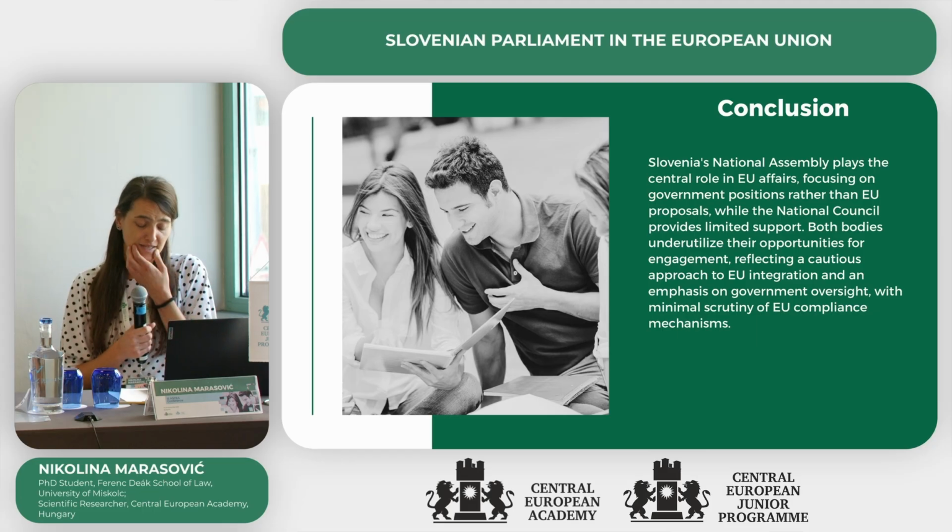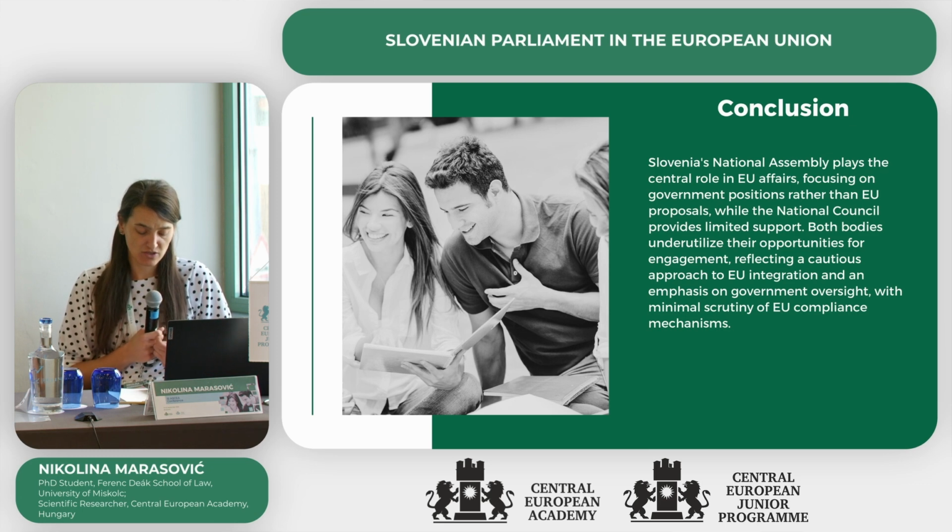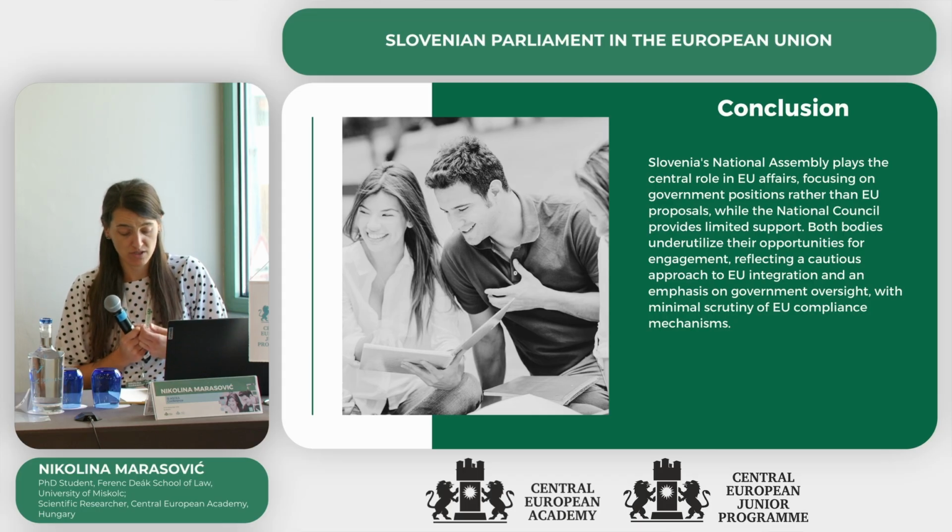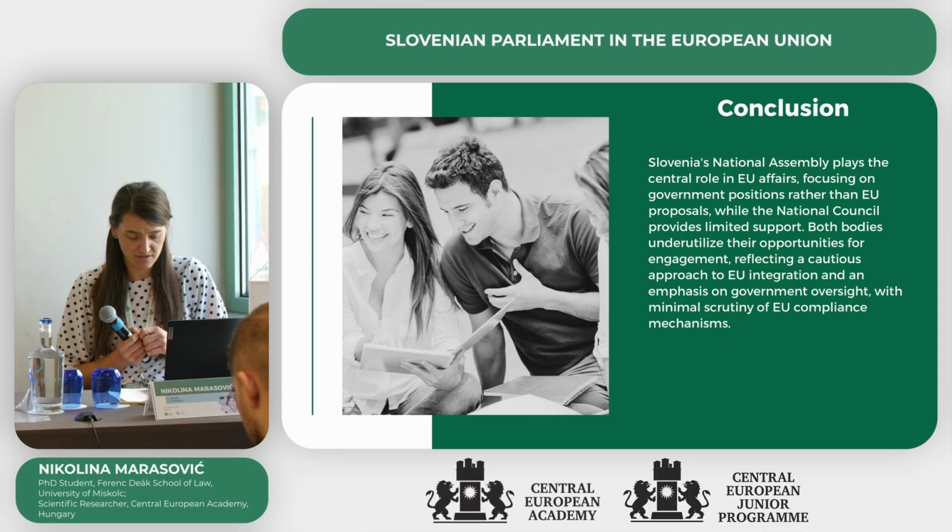In summary, you can say that the Slovenian parliamentary system has an incomplete bicameral system, whereas the National Assembly plays a central role in EU affairs, adopting positions and overseeing the government's activities related to the EU. The Committee on EU Affairs significantly shapes Slovenia's EU stance, while the National Council's role is mainly supportive.